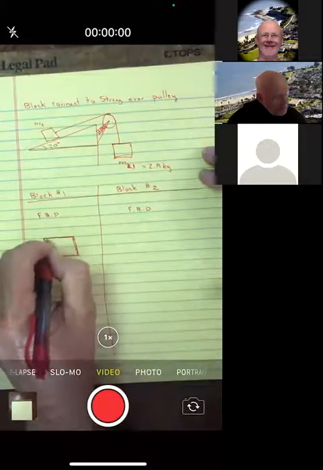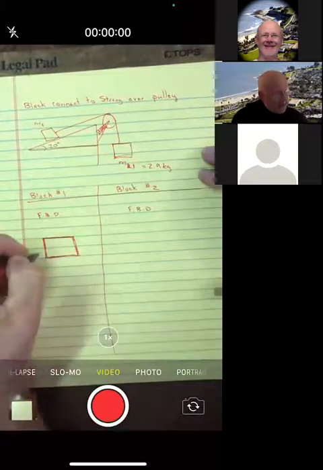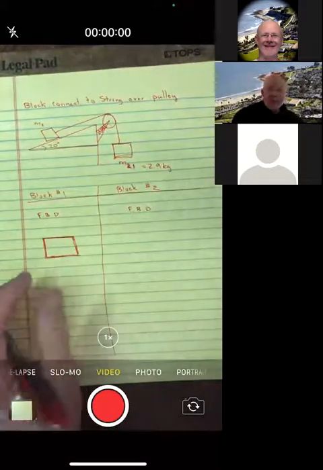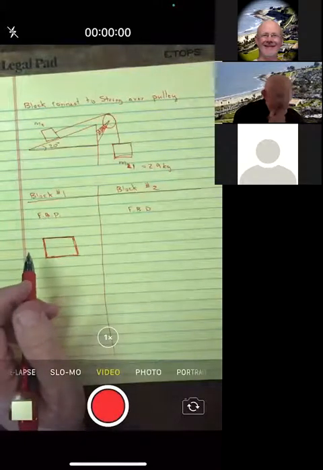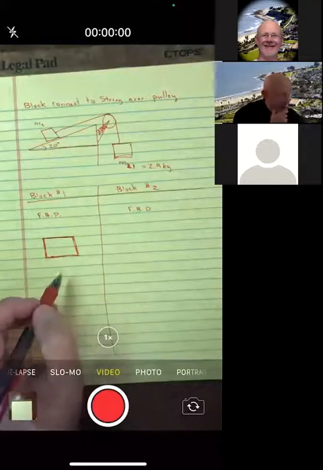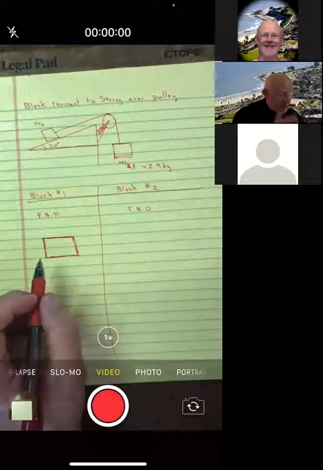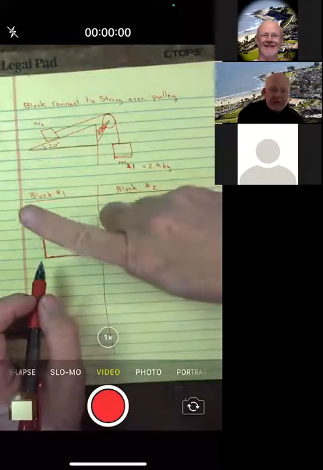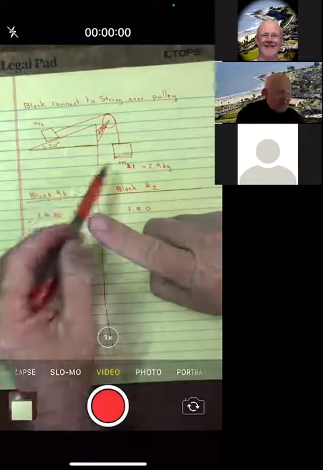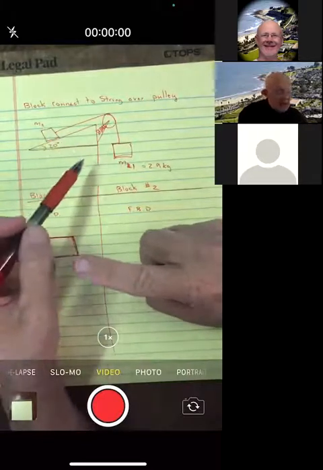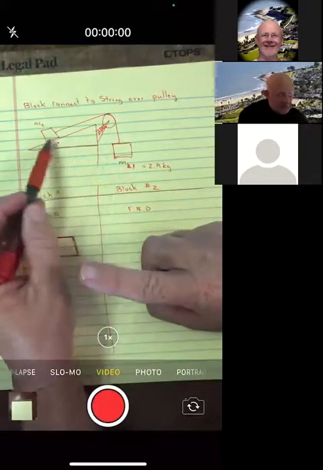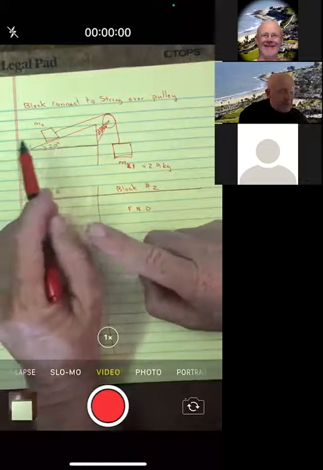I don't know if I've ever said it this semester, so I'm going to say it now. I know in some other video recordings I put out, you might have heard me say it, that I like to think of these as 4 steps. Step 1 is you get a good physical picture of what's going on. In this case, my physical picture is I've got competing forces, if you will.